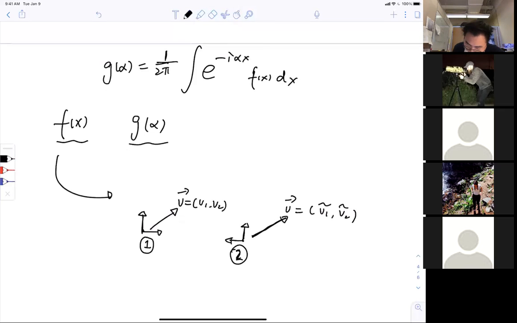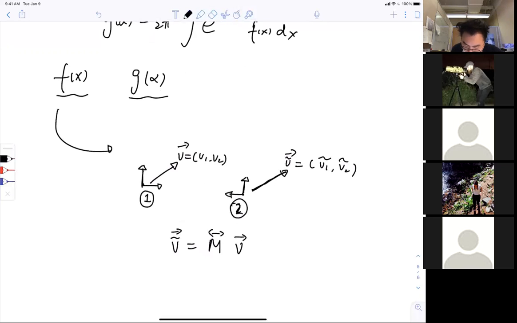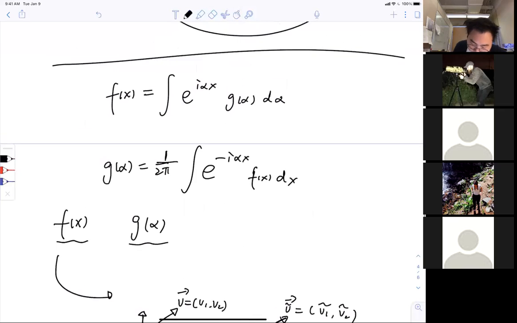Let's call this V tilde. This V tilde is related to the original V by some rotation matrix. And this is exactly what we did here.